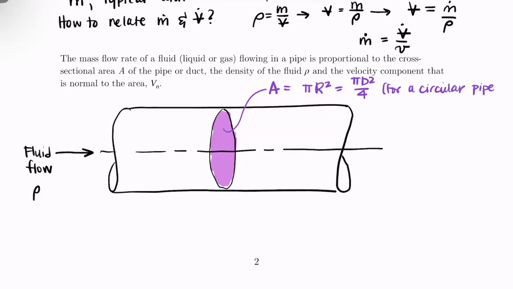Obviously, it would be a different area if it were a duct, because then it would be a square cross section. And Vn, let's give it a different color. Vn is going to be the velocity component that is normal to the area, the velocity component that is perpendicular to this area.